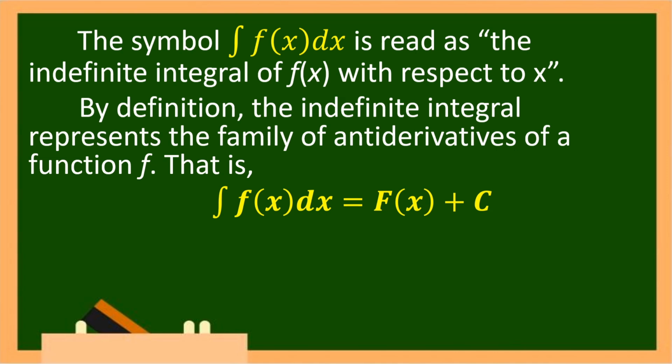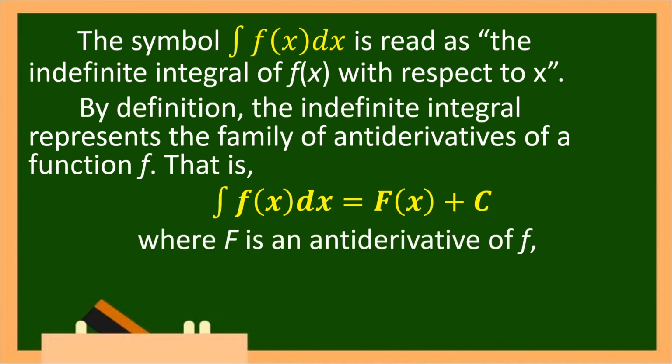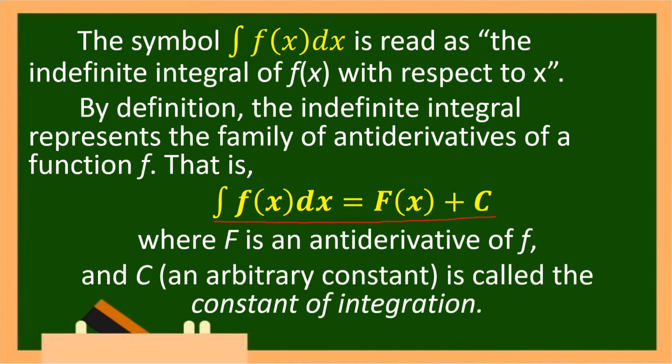By definition, the indefinite integral represents the family of antiderivatives of a function f. That is, the indefinite integral of f of x with respect to x equals F of x plus c, where F is an antiderivative of f and c, an arbitrary constant, is called the constant of integration.